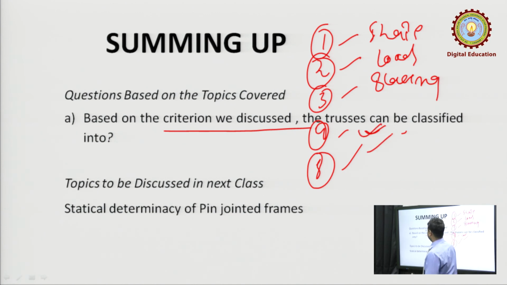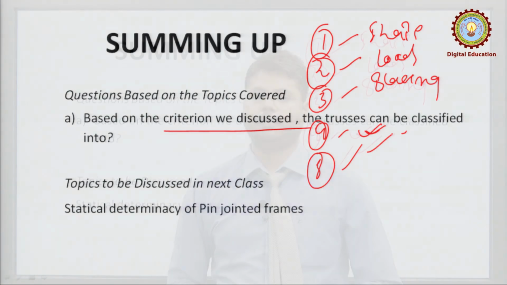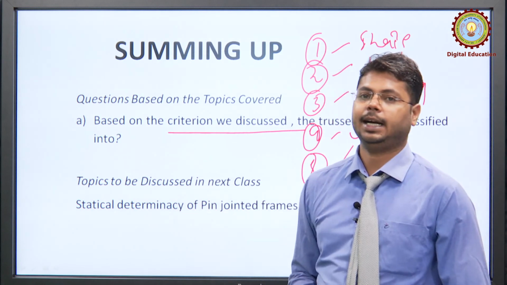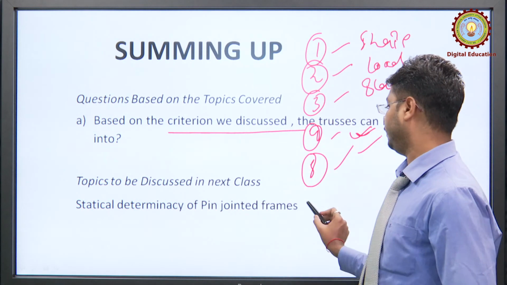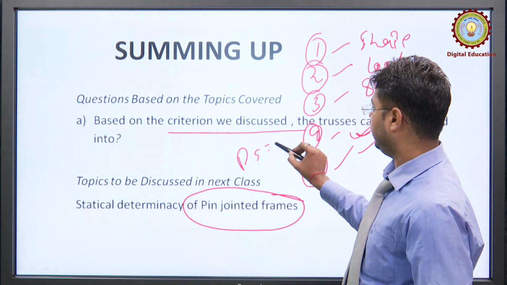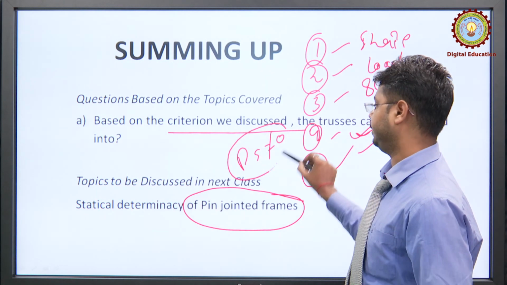So this was the whole introduction of trusses, and in the next class we are going to discuss the static determinacy of the pin jointed frame. Static determinacy means whether it will be a perfect frame or not.